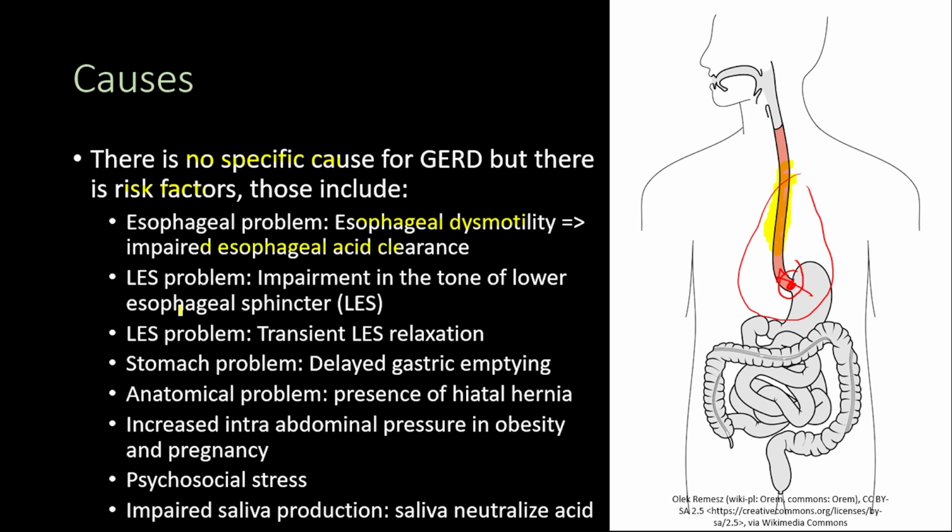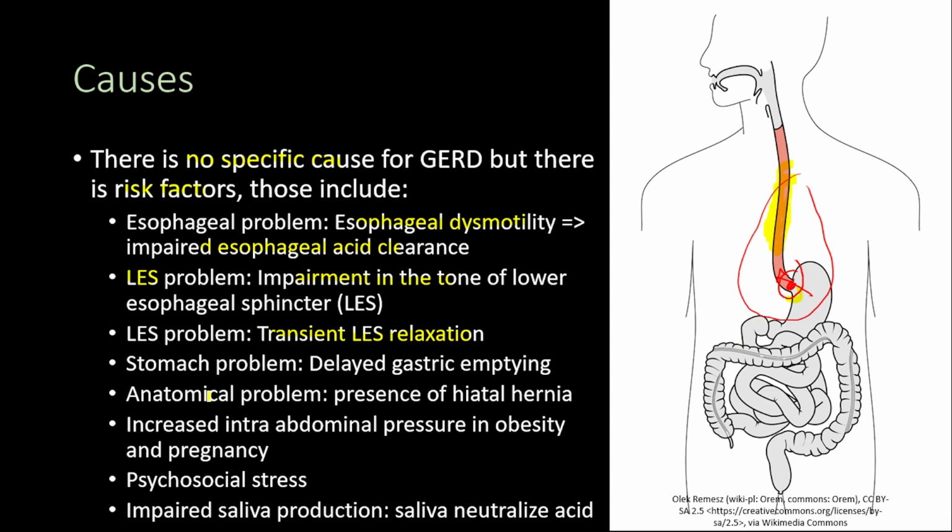Also, we have risk factors related to the lower esophageal sphincter. So we have either impairment in the tone of the lower esophageal sphincter, or we have a transient lower esophageal sphincter relaxation, leading to the opening of the lower esophageal sphincter and acid regurgitation.